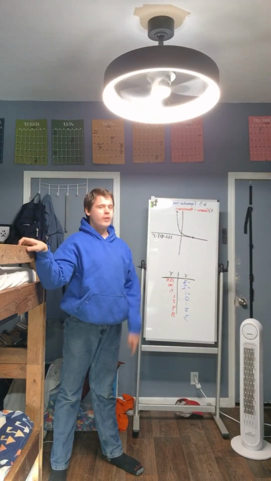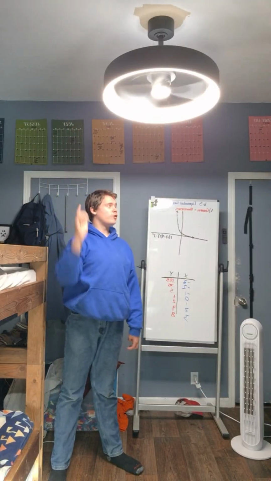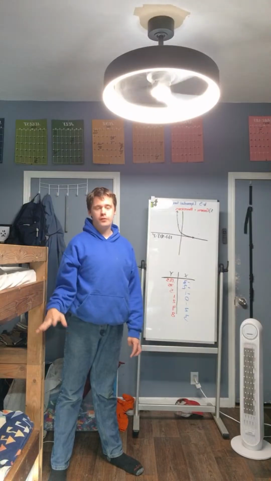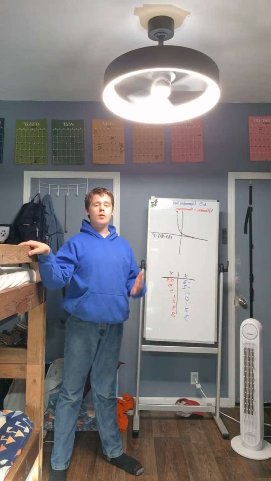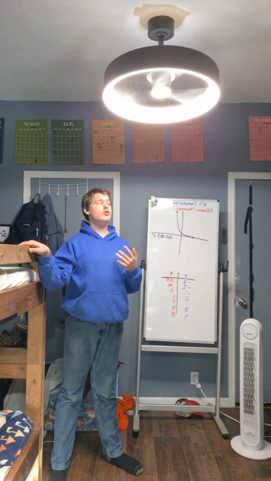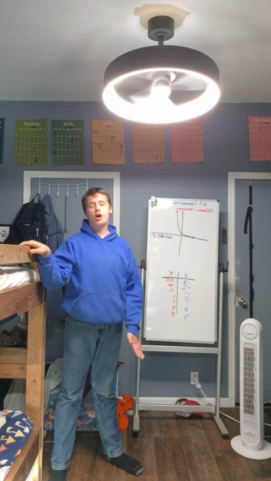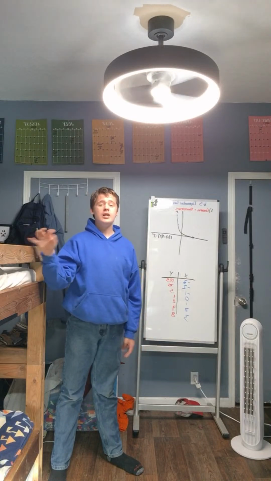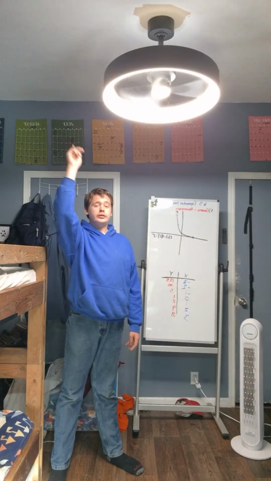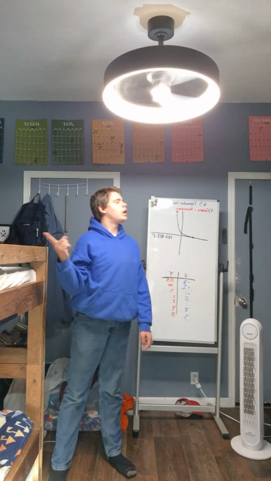The domain is from the very bottom of the earth to the top of the earth, negative infinity to infinity. What I call the bottom of the earth is negative infinity, and the top of the earth is positive infinity. Where I'm standing is 0.